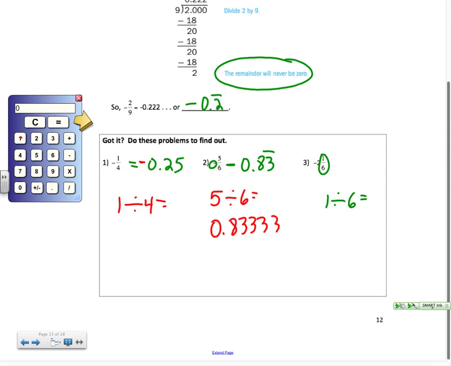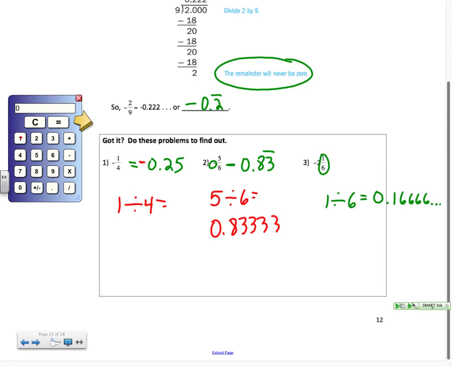Would somebody do that and tell me what you get? Alyssa, come on up. What is 1 divided by 6 on your calculator? 0.16 repeating. All right. So it's 0.1 and that 6 goes on and on.